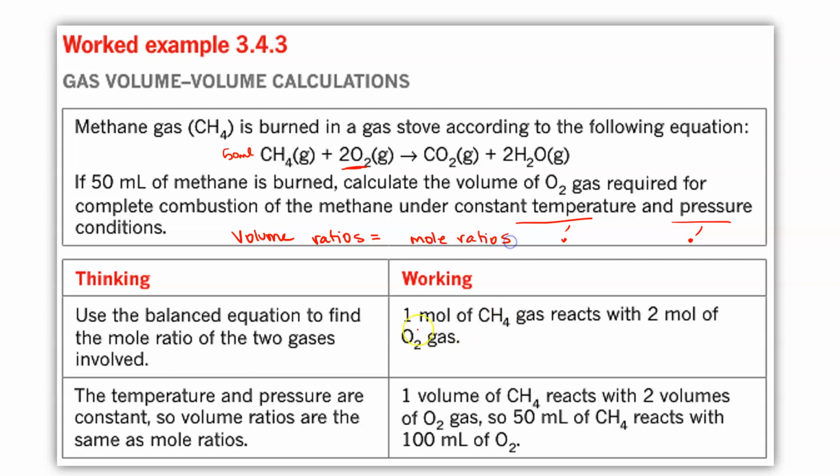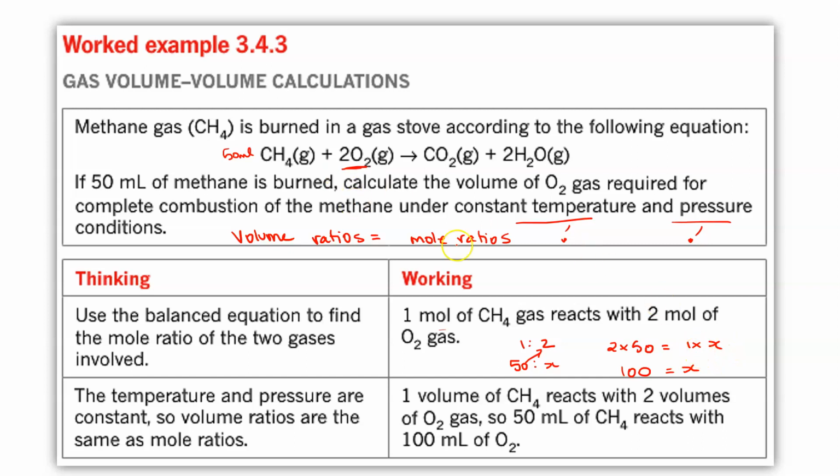Okay, so we look at our mole ratios and we can see that for every 1 mole of methane, 2 mole of oxygen gas is used. So it's a 1:2 ratio. So if I have 50 mil, then 2 times 50 is going to equal 1 times x, which is going to be 100 is equal to x, x being the volume of O2.